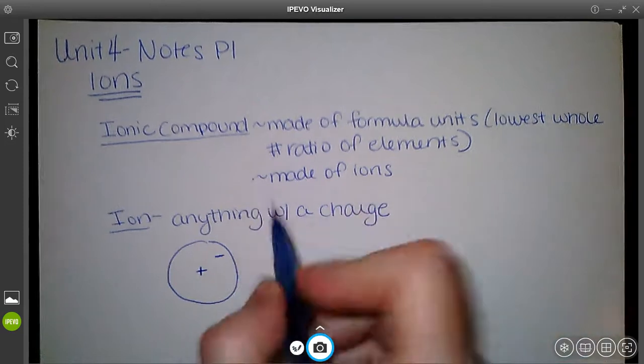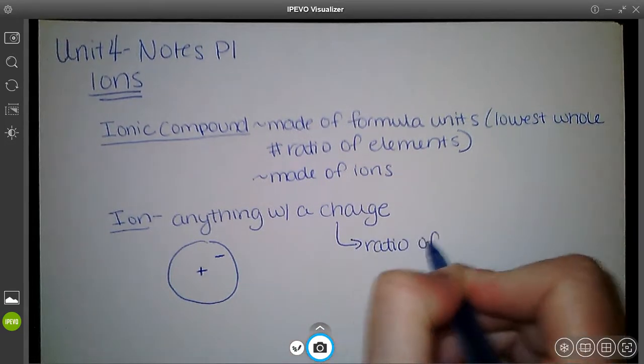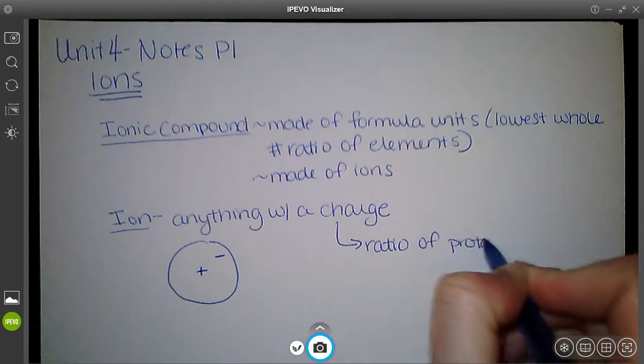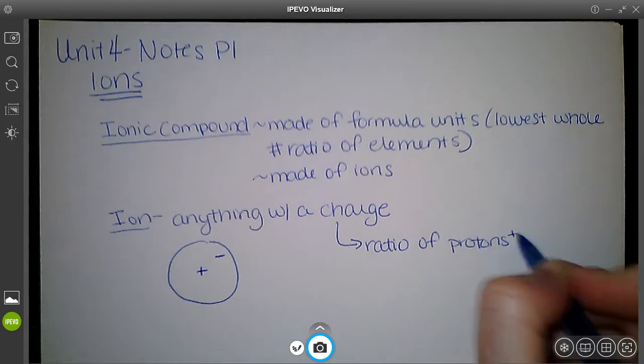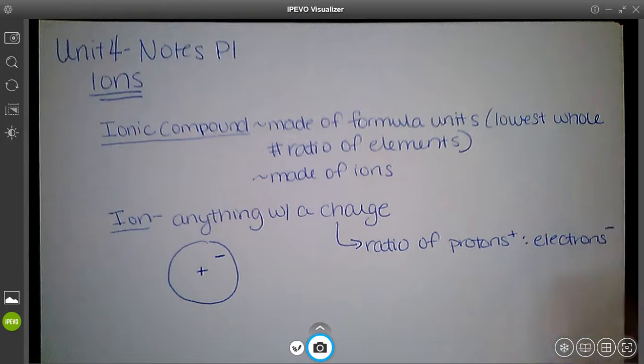So the charge comes from the ratio of protons to electrons. Protons are positive, electrons are negative.